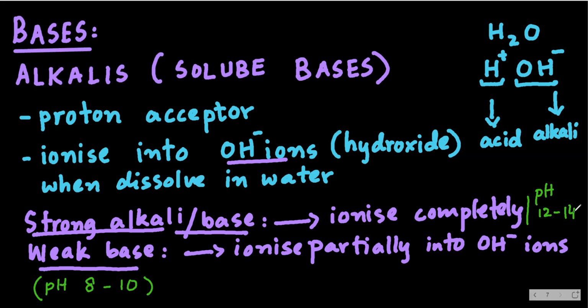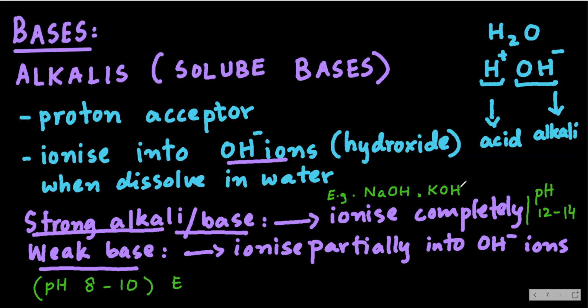Then how about the examples? When I'm talking about strong alkalis, the examples are NaOH, sodium hydroxide, and KOH, potassium hydroxide. They are strong bases. How about weak bases?